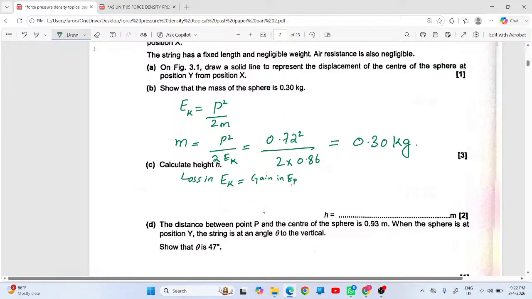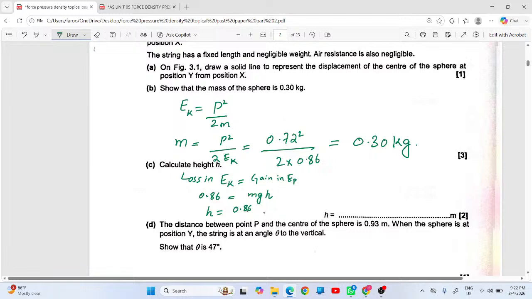gain in potential energy. So the loss in kinetic is already given, which is 0.86, and change in the potential energy is mgh. Now we have to find h.